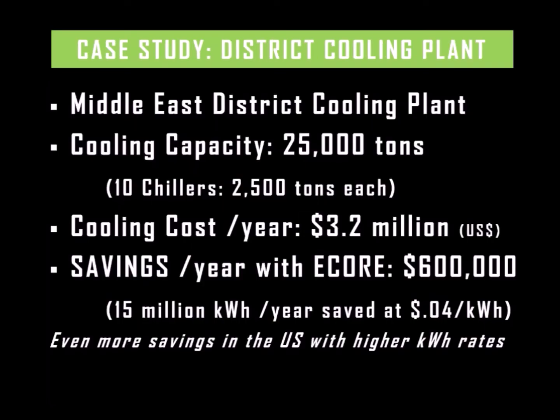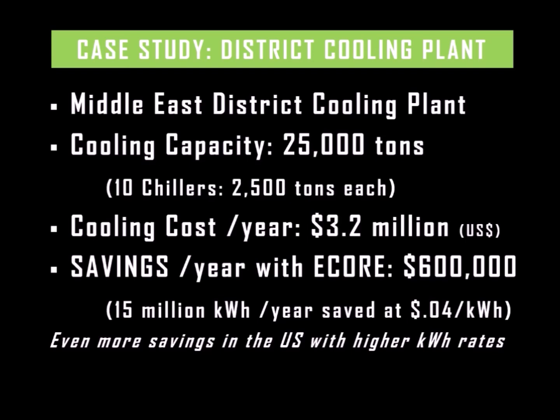For this district cooling plant in the Middle East, the cooling capacity was 25,000 tons, 10 chillers at 2,500 tons each. The cooling cost per year was $3.2 million in US dollars, and the savings generated by ECORE is over $600,000 a year.